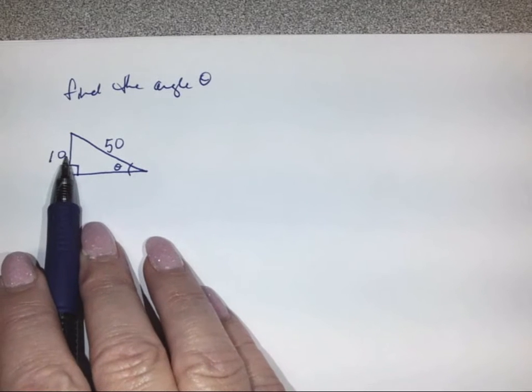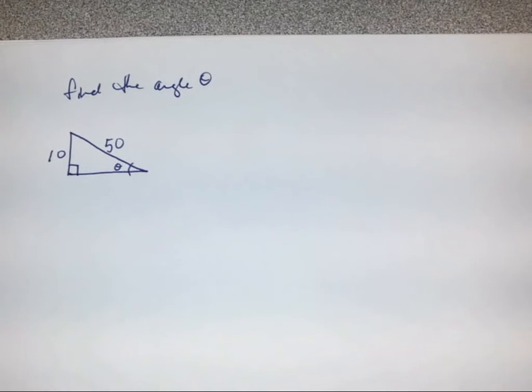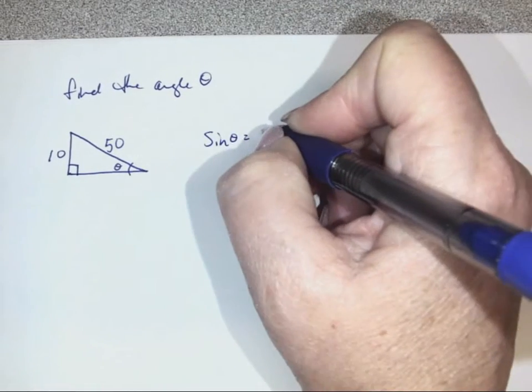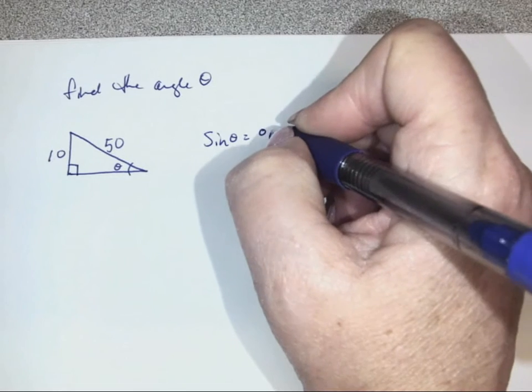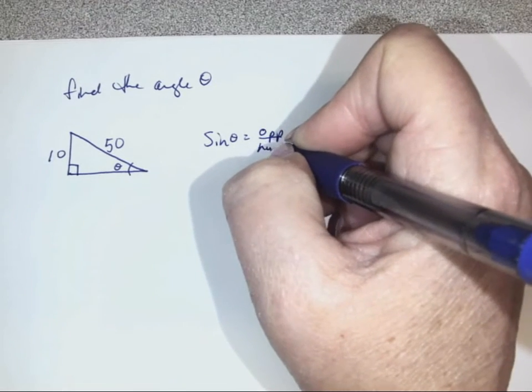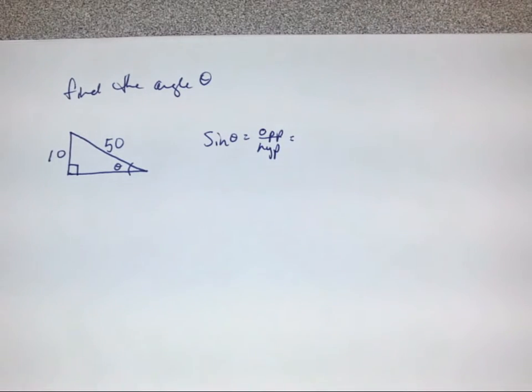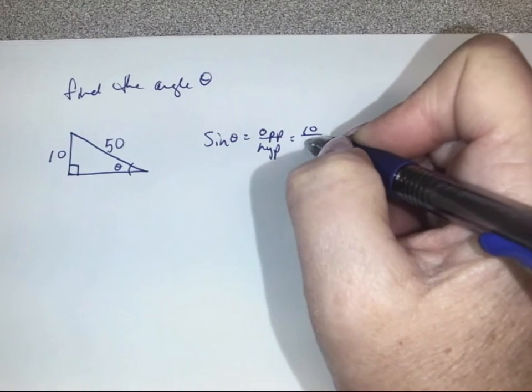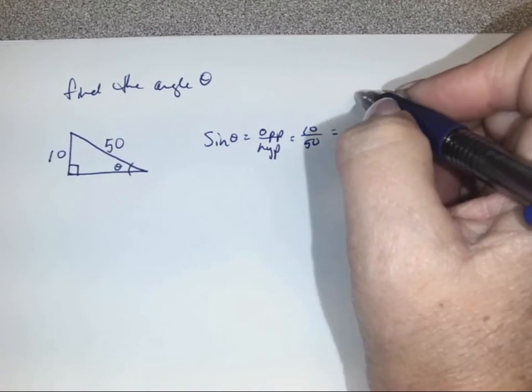We have an opposite side and we have the hypotenuse. So with opposite and hypotenuse, sine would be our function to use. So sine theta is equal to the opposite over the hypotenuse, things you need to know. And so it's going to be equal to 10 over 50, which we can reduce down to 1/5.